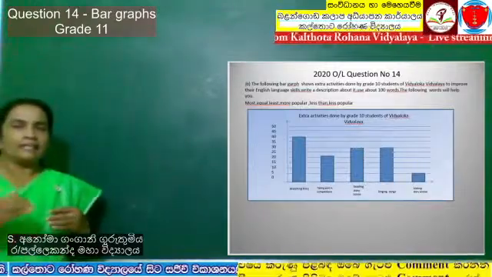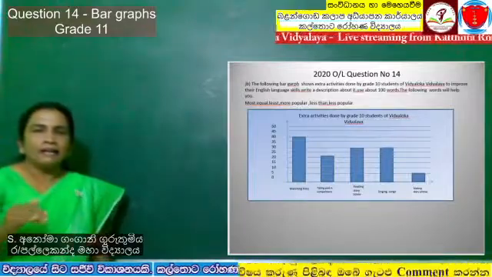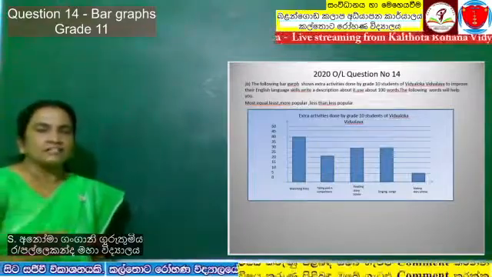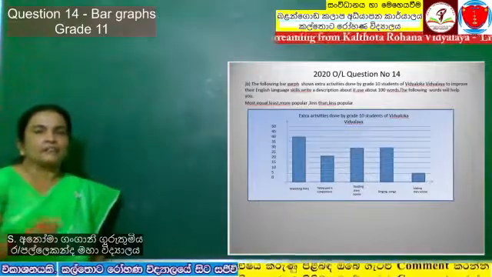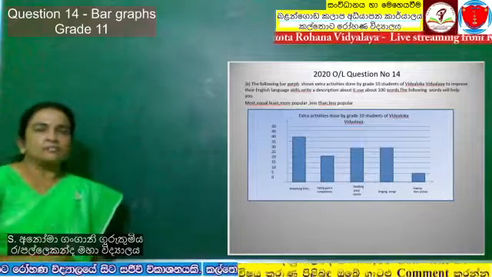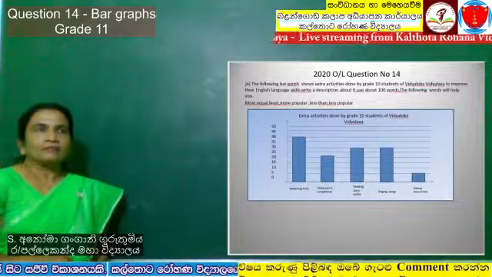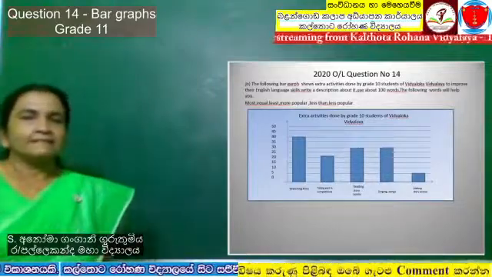Another activity here is from 2020 GCSE O-Level, question number 14. Look at the bar graph and read the question, please.